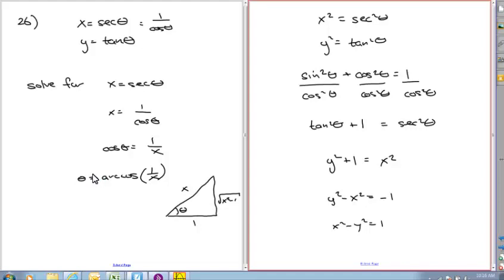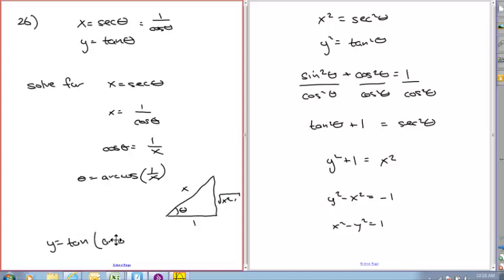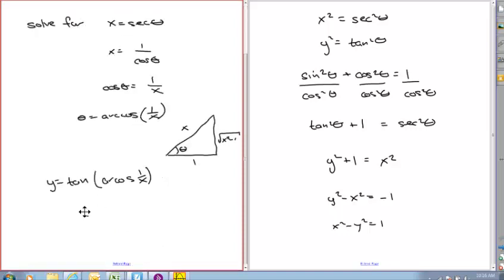So theta is the arc cosine of 1 over x. So if we went over here and we said that y is equal to the tangent of theta, theta is the arc cosine of 1 over x. So the tangent of the angle whose cosine is 1 over x, what you do is you go to this triangle.